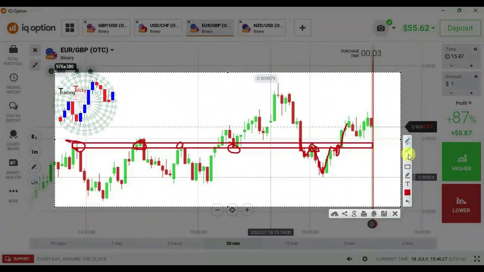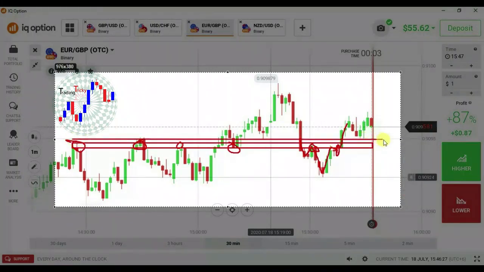Another thing is, this is a round number, so this complete whole area is an SNR level. And this breakout happened because of the round number only, I think. Yes, and now it got support and is trying to go up.